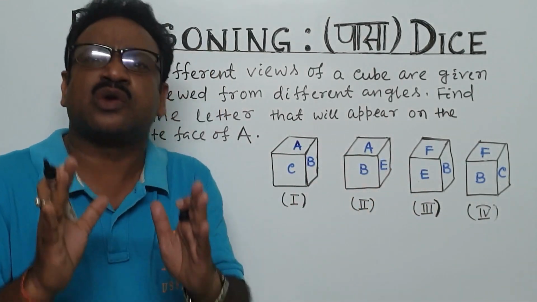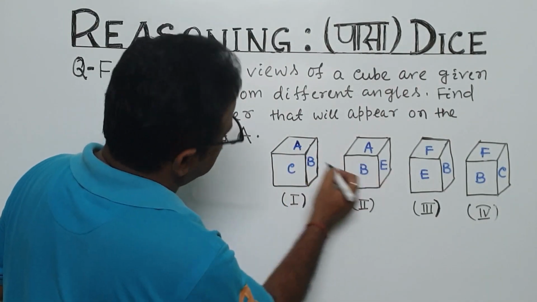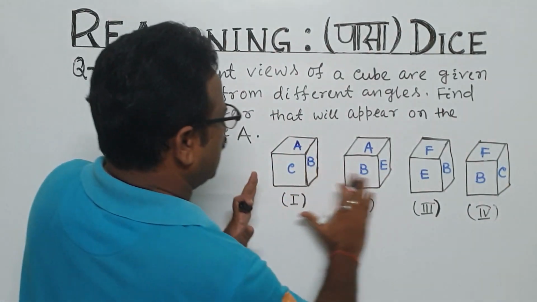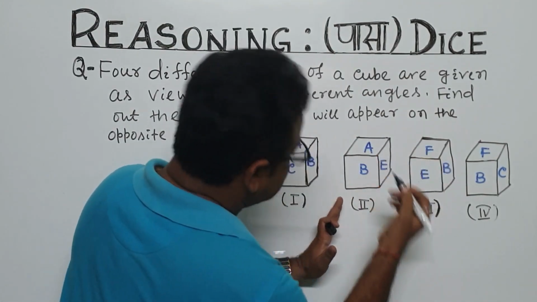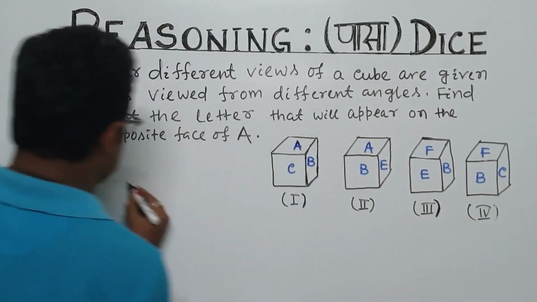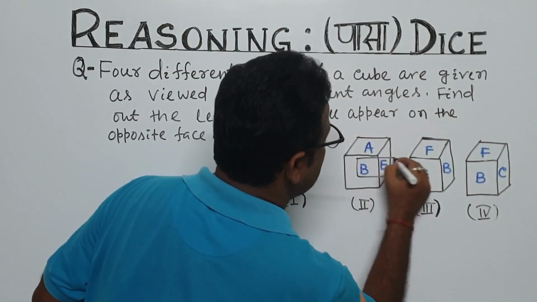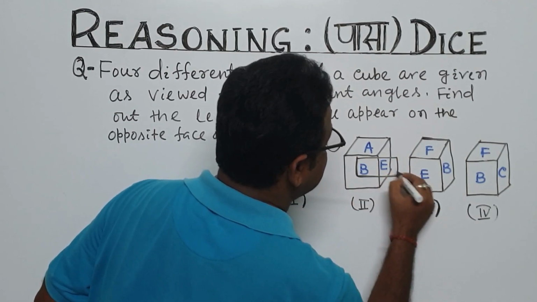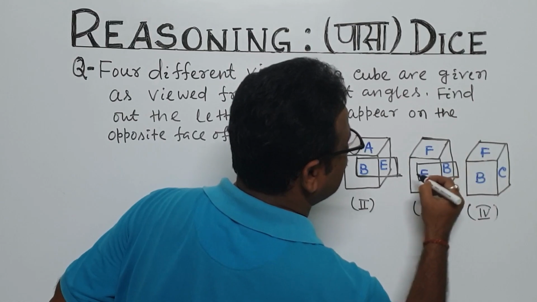If 2 are common or 1 is common, let us see. So here A and B are common, so we will not take figures 1 and 2. Second, B is common, A and F are left. Yes, we will take figure 2. Here 2 are common. B and E. Here also B and E are common.